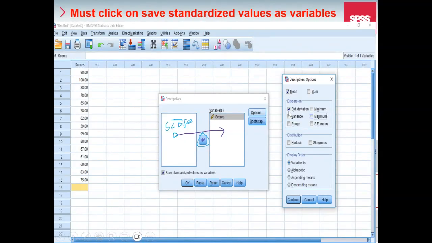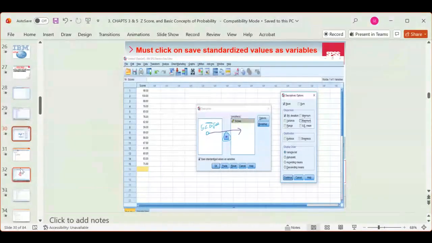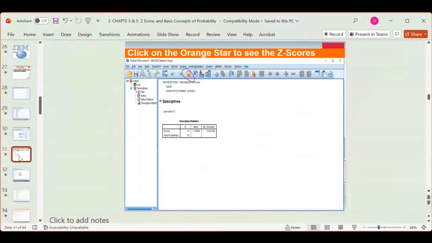You want to know the mean for these. And again, standard deviation. That's all we need. And the variable list is automatically there. Leave it there. Click on continue and click on OK. So you have everything here.